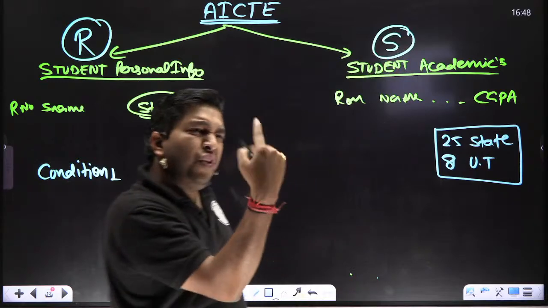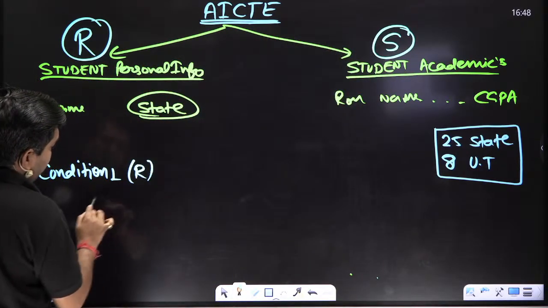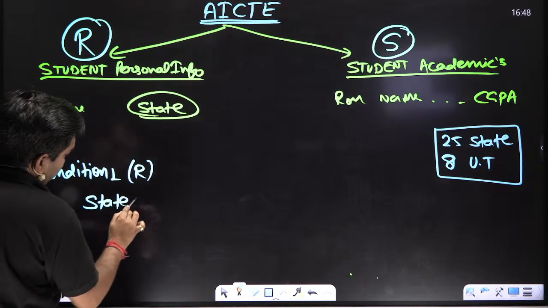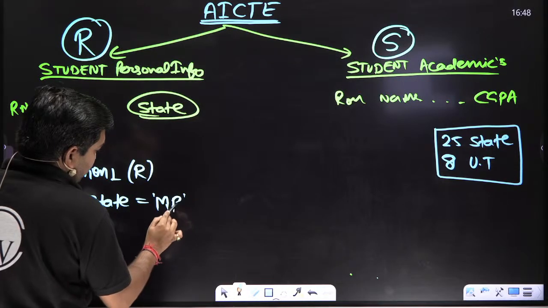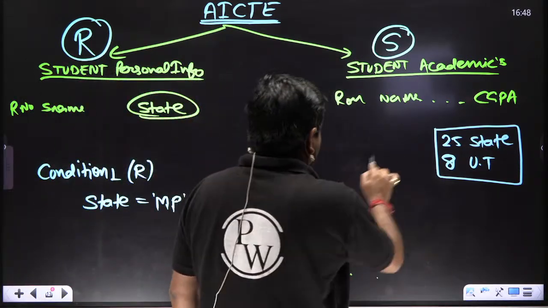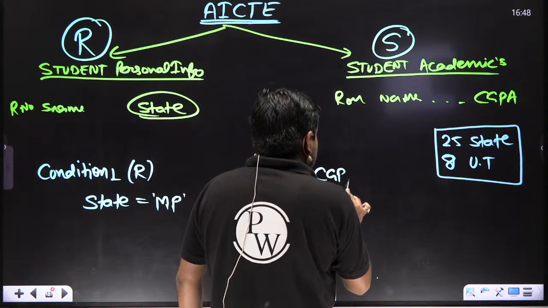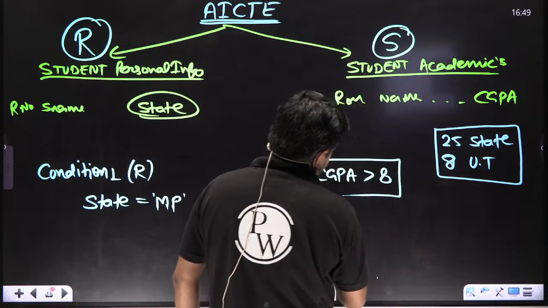Please try to feel it. Condition 1 belongs to the R table, in which state equal to MP, Madhya Pradesh. And here, what is my condition? CGPA greater than 8.